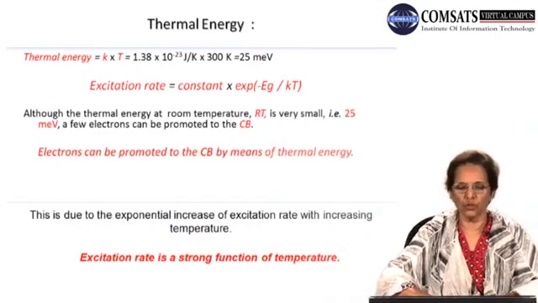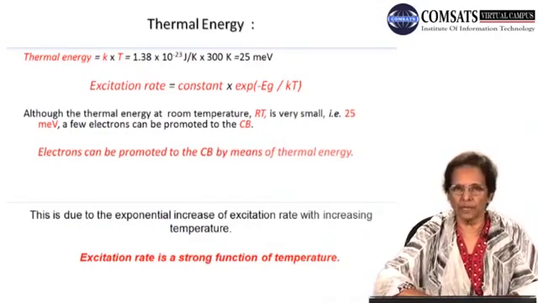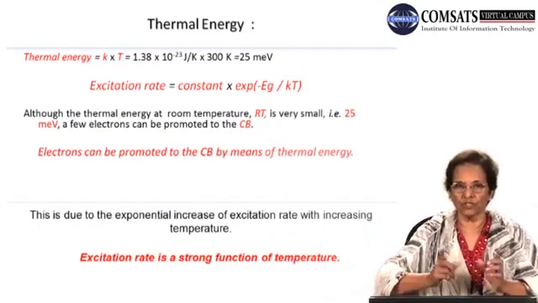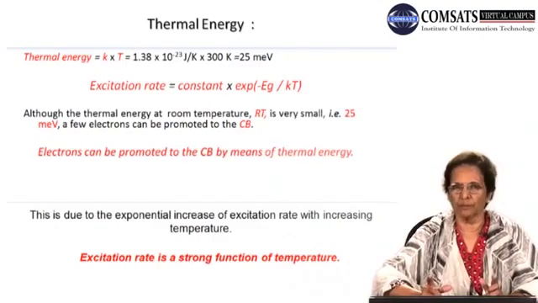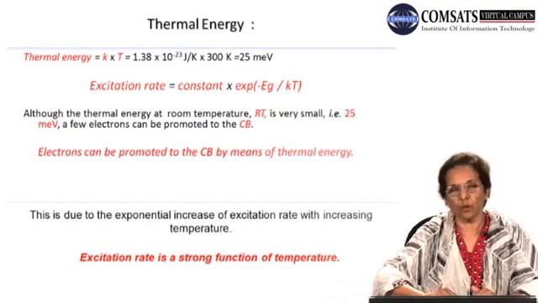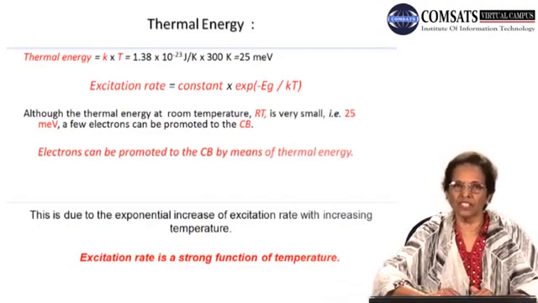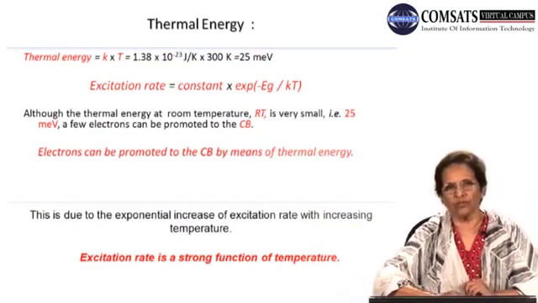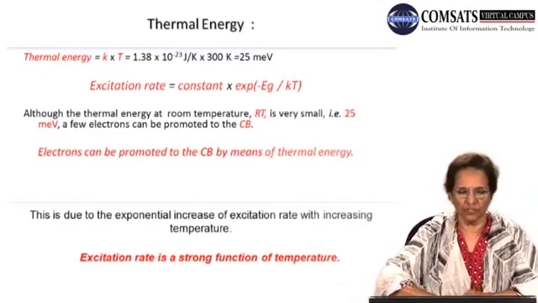This slide shows you the value of the thermal energy that the crystal is seeing because of this temperature. The electrons and holes which, at 0 Kelvin, are bound in their respective covalent bonds receive this thermal energy, and sufficient bonds will be broken because of gaining this thermal energy.